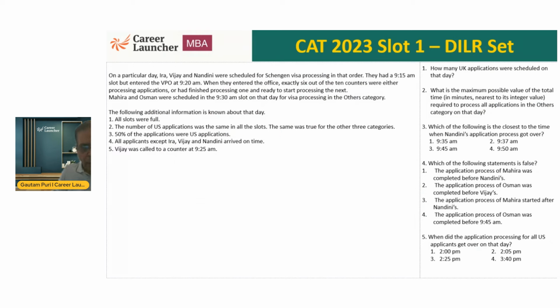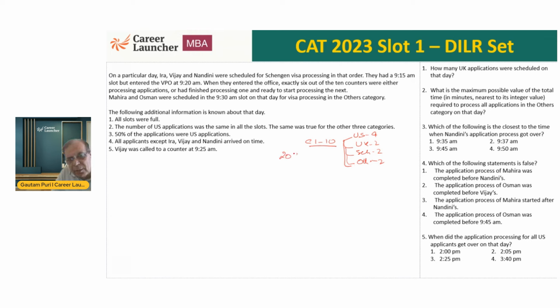Okay. Now, just for our understanding, I'll write down: there were 10 counters, C1 to C10. US is 4, UK is 2, Schengen is 2, and others is 2. Now, when I have 10 counters out here, each slot is 15 minutes.